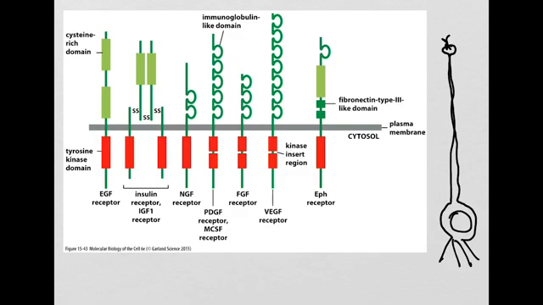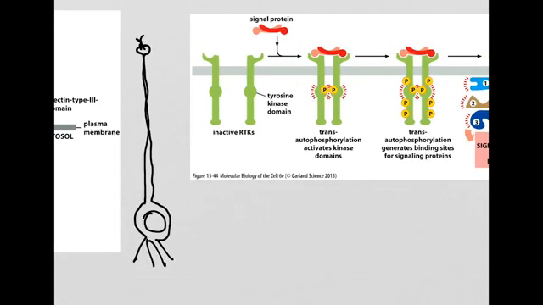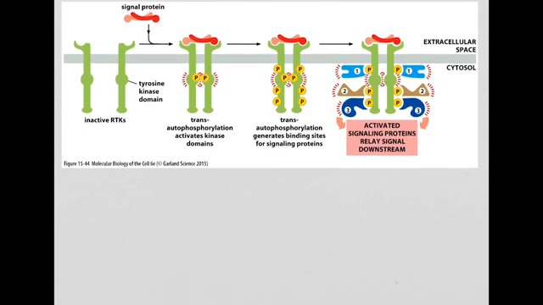But now let's get to the bottom of the signaling pathway, how it is that ligand binding here can result in signaling inside the cell. And the way that's shown in schematic form is on figure 15.44 from your text. As I've mentioned many, many times now already, the inactive form of most receptor tyrosine kinases is monomers. The insulin receptor is an exception, but most of them are monomers.